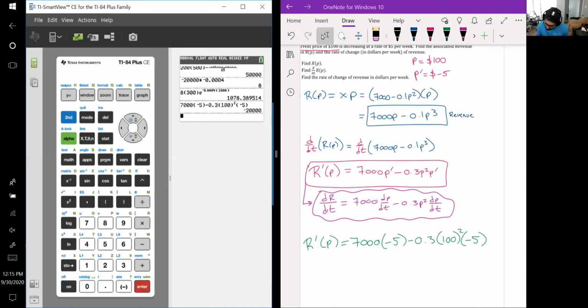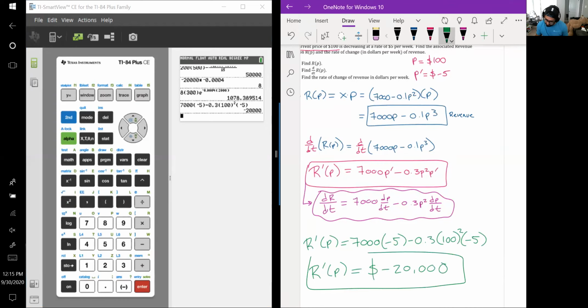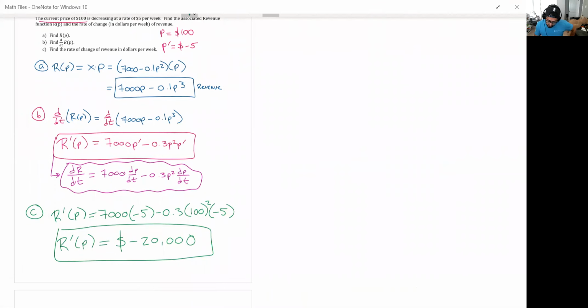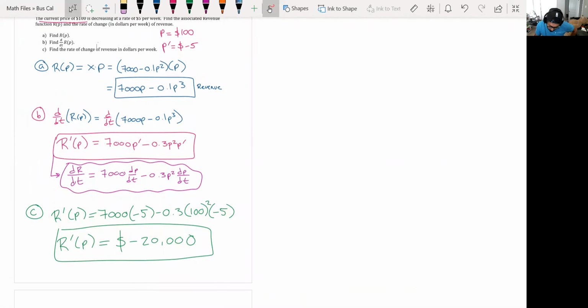And we will get that revenue is negative. The rate of our revenue is decreasing by -$20,000. Oof, that's a lot of money. Okay, and let's see.